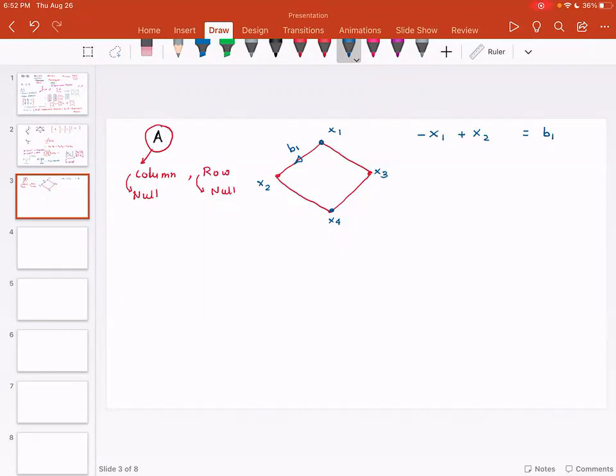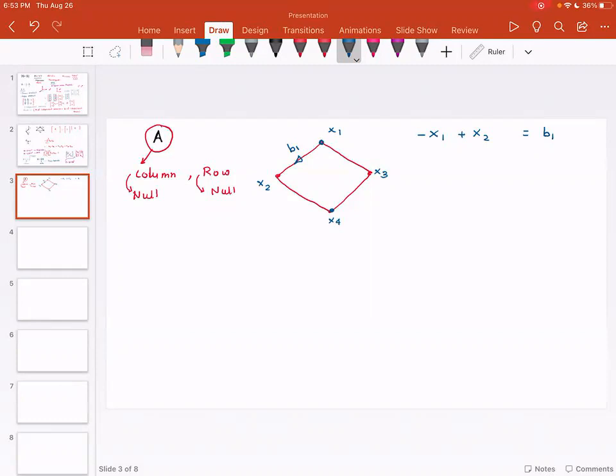Now I want you to look at the difference between the figure shown and the figure I have drawn. Let me ask you this. I want you to look at the figure in the book and the figure that I have drawn. What is the difference? I have 4 nodes, x1, x2, x3, and x4.